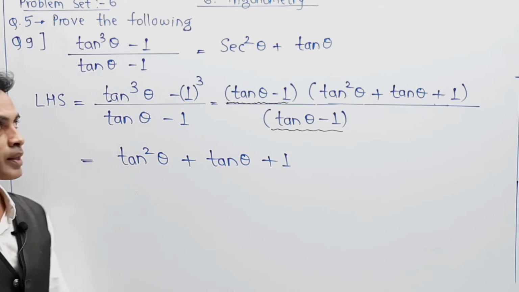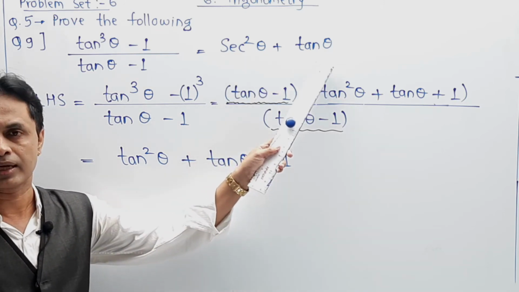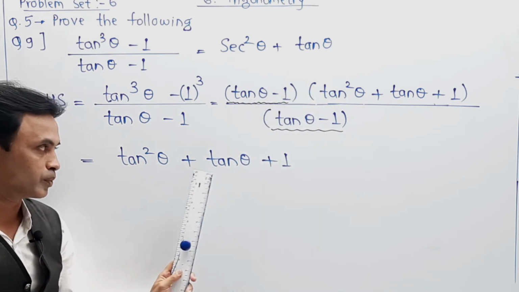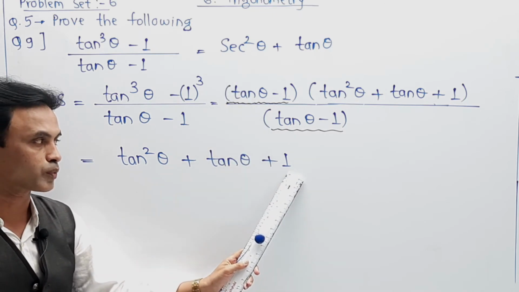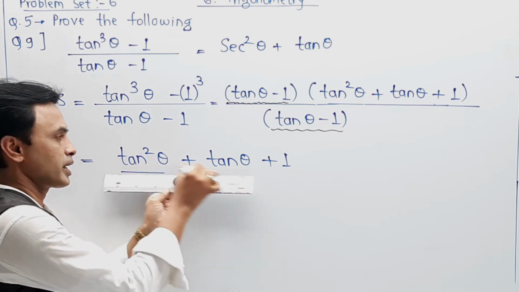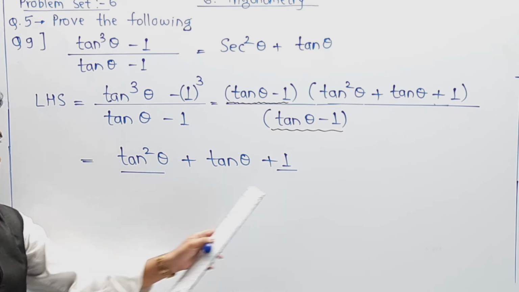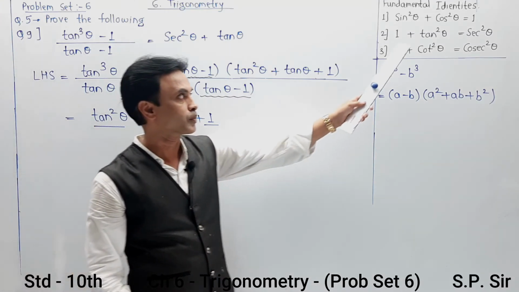This is the part, but our RHS is sec square theta plus tan theta. We need plus tan theta as usual. So the rest of the modification is for 1 and tan square theta. We know that 1 plus tan square theta is sec square theta, according to the fundamental identity.